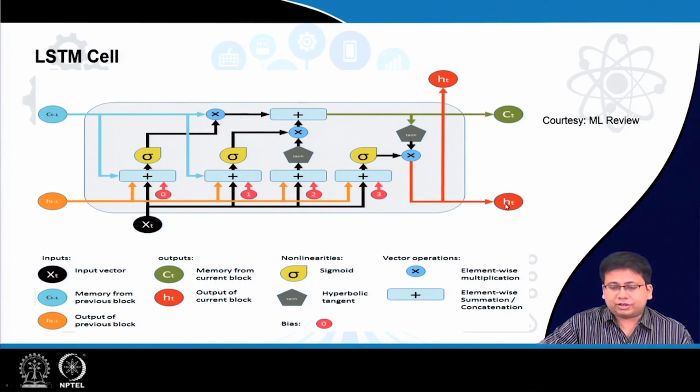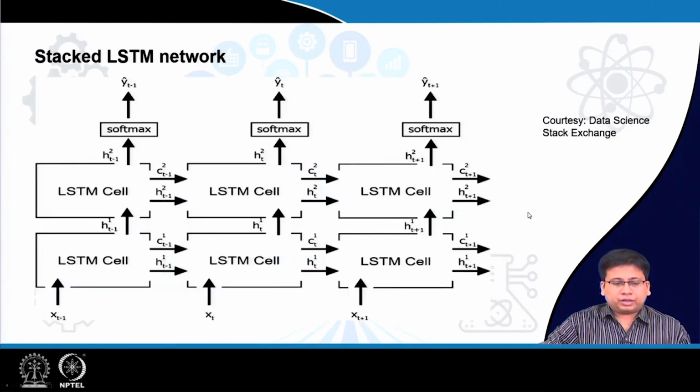And the ht, on the other hand, is the short term memory which is updated at every step, just like in case of a normal recurrent neural network. Now even in case of this kind of LSTM, I may want to increase its memory.